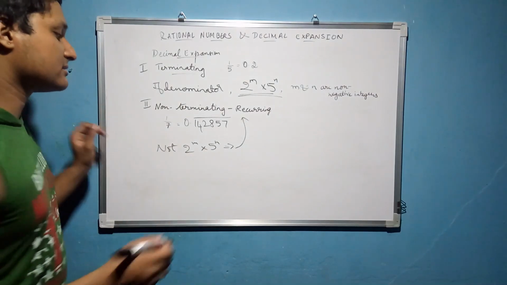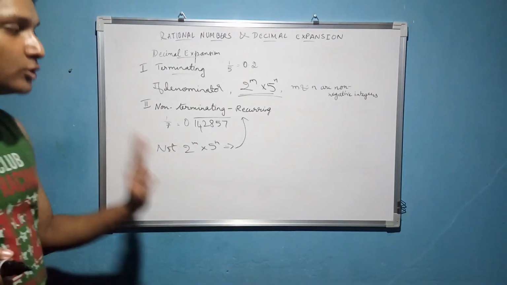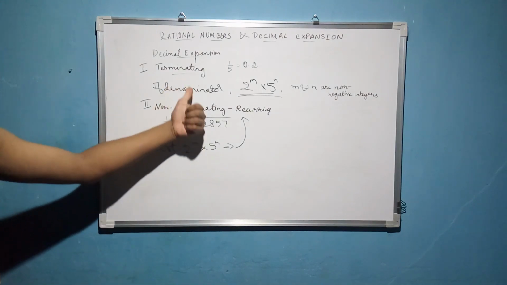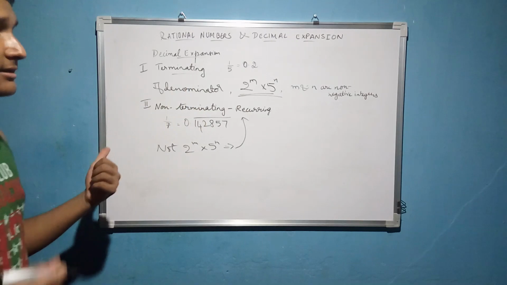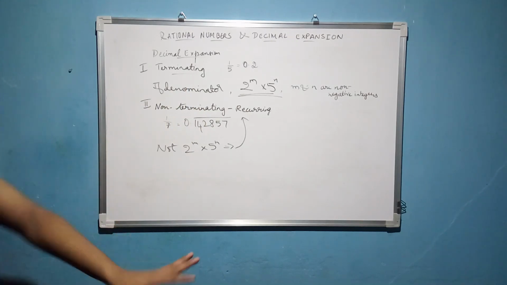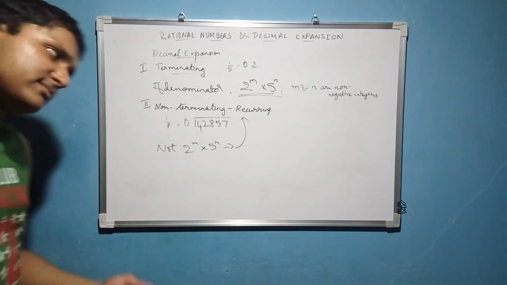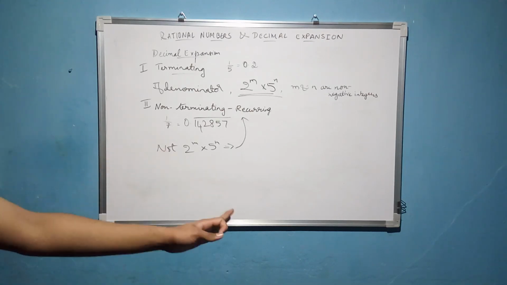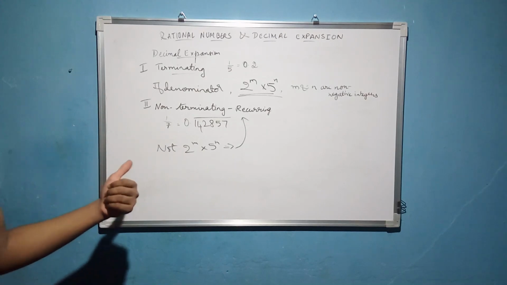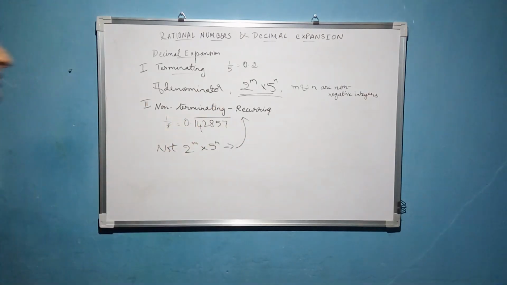Only if 2 and 5 and only them are present, it can be terminating. Otherwise, if some other prime number like 3, 7 or any prime other than 2 and 5 is present in the prime factorization of the denominator, then it is non-terminating recurring.